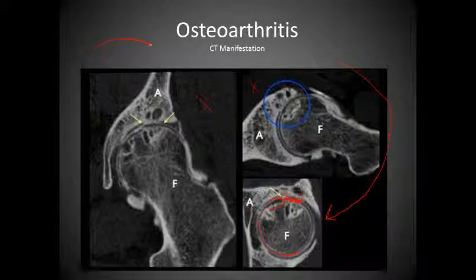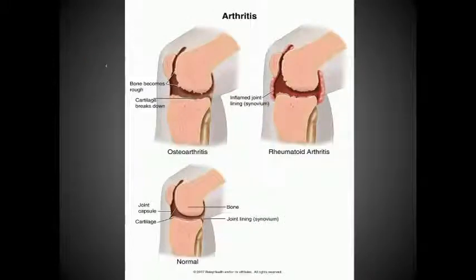However, if you were to see someone and they had nice, smooth, even joint spaces, or the same amount of narrowing all the way through, then that would be characteristic of rheumatoid arthritis.